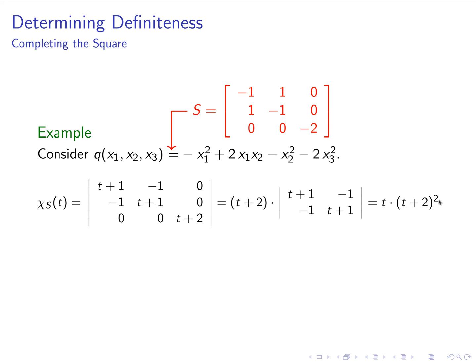Well, once we have this factorization, we immediately know the eigenvalues of S. One of the eigenvalues is lambda equals 0, because setting t equal to 0 gives a root here. And another eigenvalue is given by lambda equals negative 2, because setting t equal to negative 2 gives another root here. So the eigenvalues of our matrix here are negative 2 and 0.